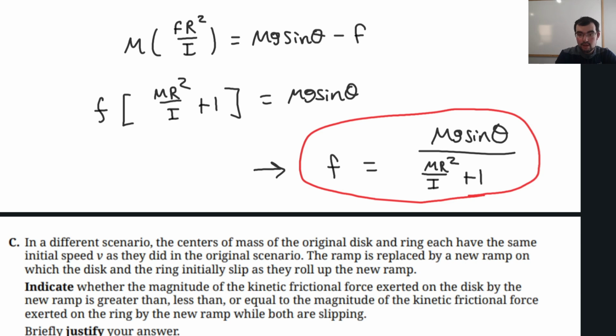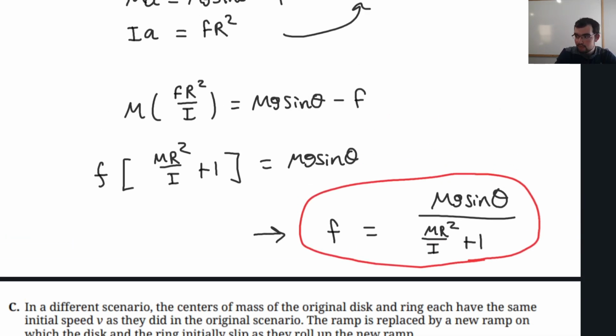So they actually didn't ask the consistency question in part C this time, which was kind of interesting. Because I actually thought it would be nice comparing. So I did this on my own. And what I saw is that if I plug in a really, really big rotational inertia into this, like infinity, I would get mg sine theta as the frictional force.